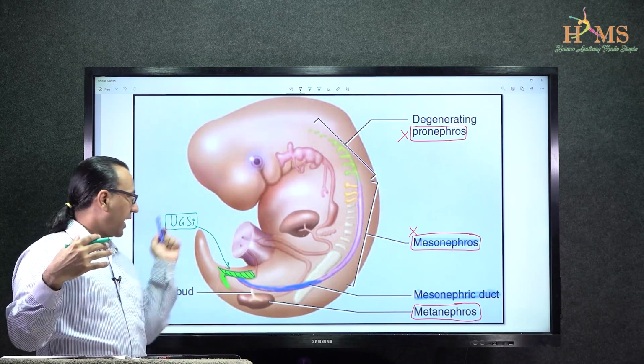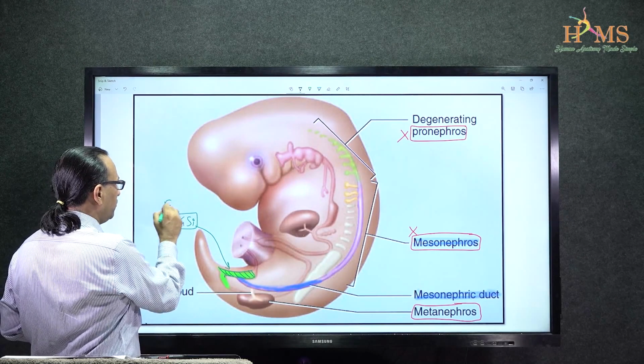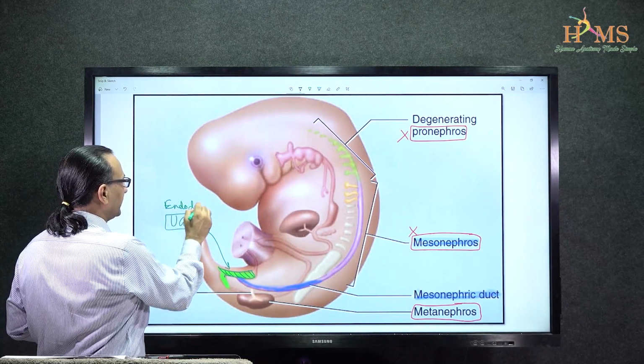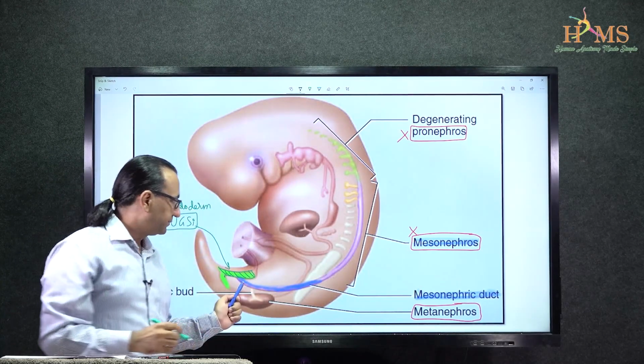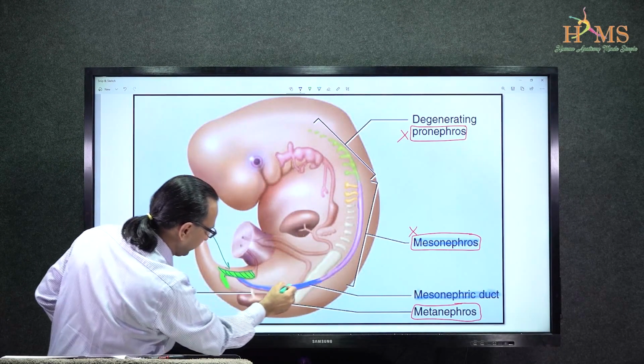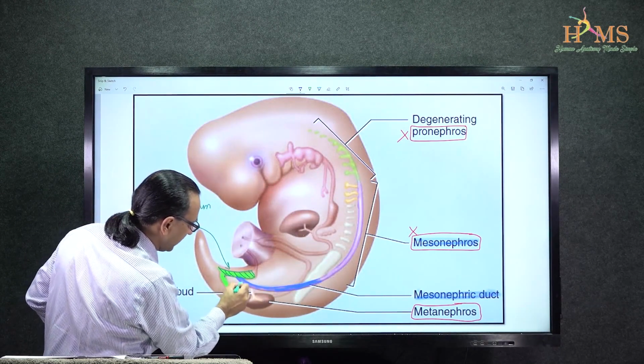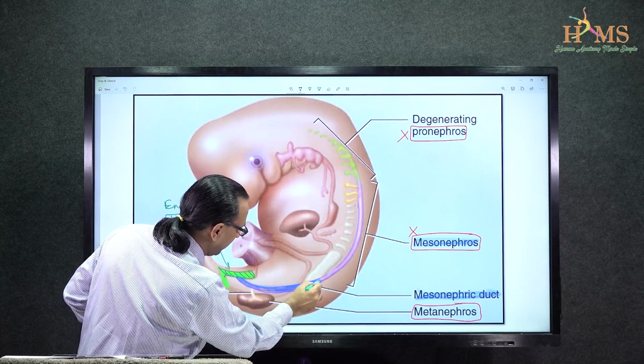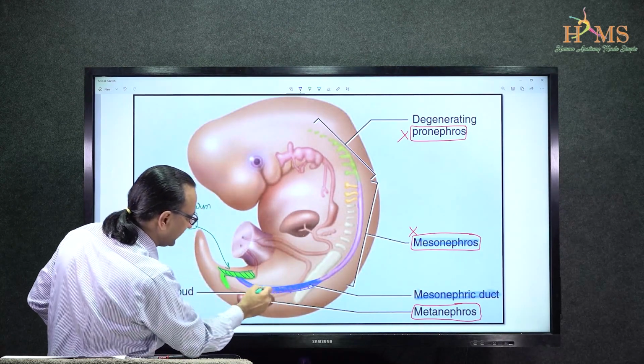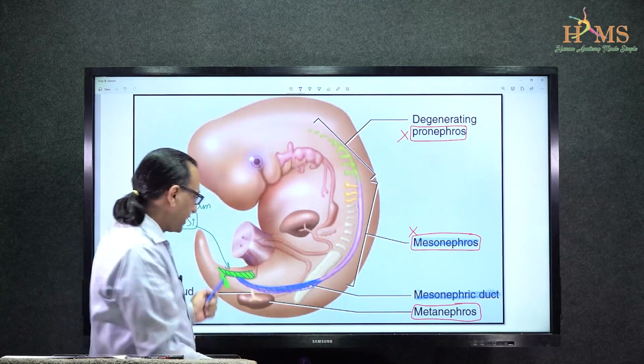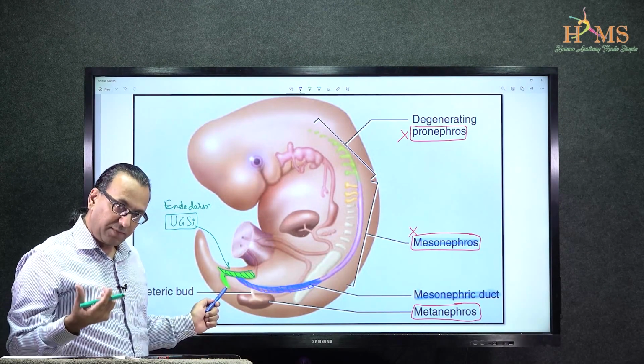They are all lined by endoderm of the urogenital sinus. And what we are mentioning about the mesonephric duct opening at the posterior wall of the urogenital sinus is going to be mesodermal. Let us magnify this area a little bit now.